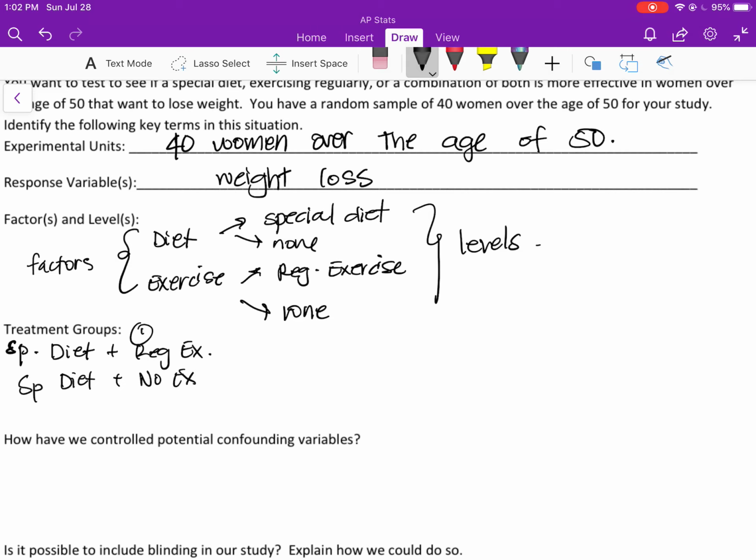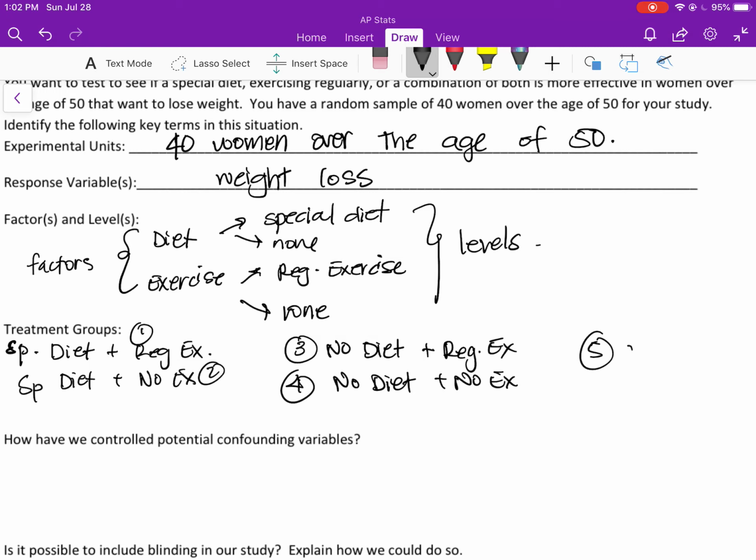So that's 1. This is 2. 3 would be no diet and regular exercise. 4 would be no diet and no exercise.